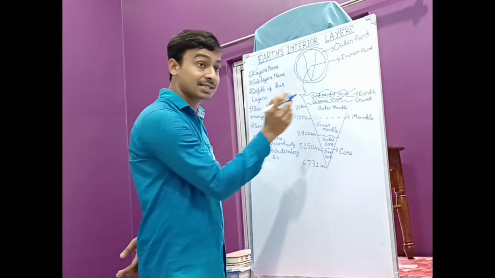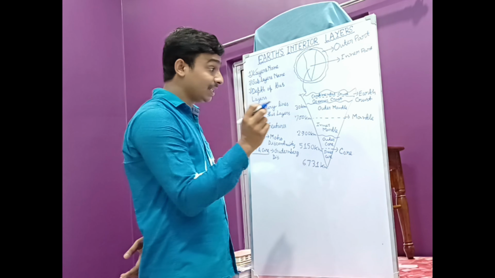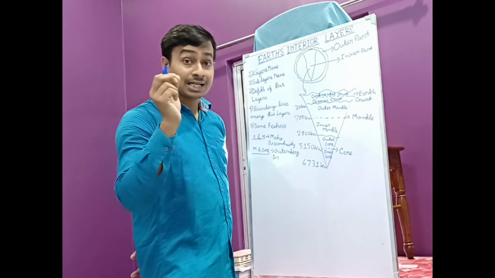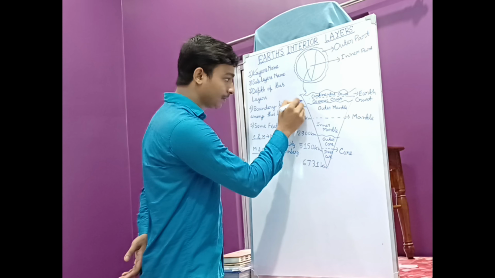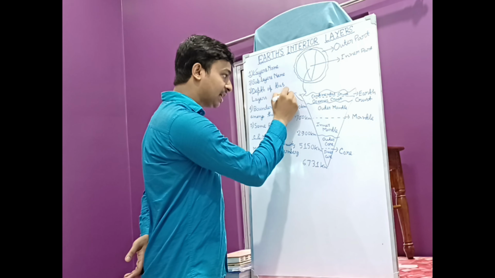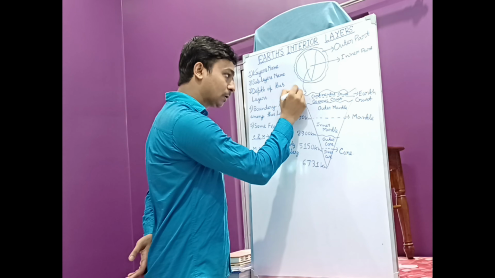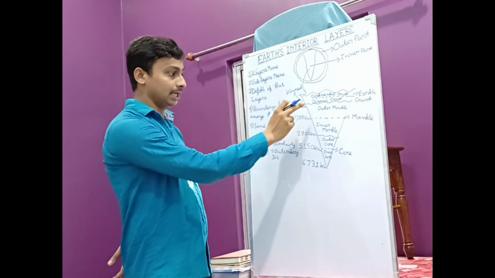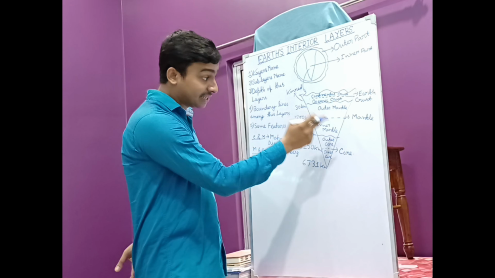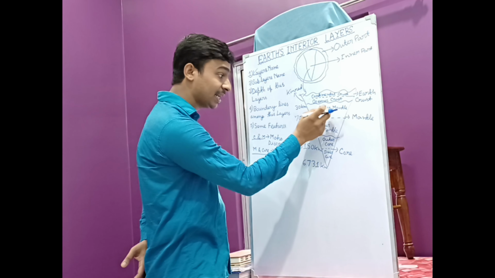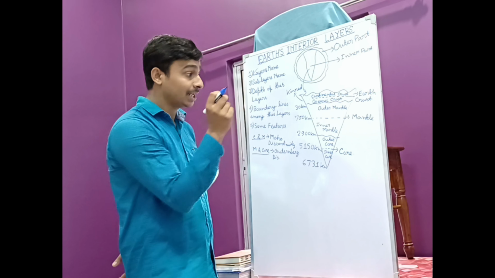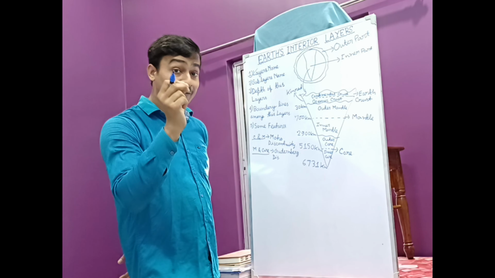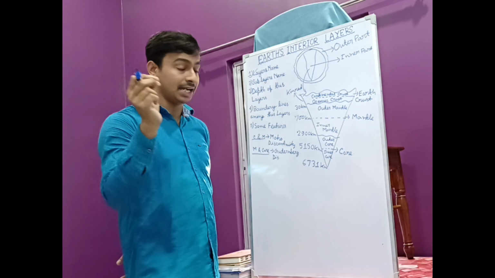These two parts are divided by Conrad discontinuity line. And second, outer mantle and inner mantle are divided by rapidity discontinuity line.